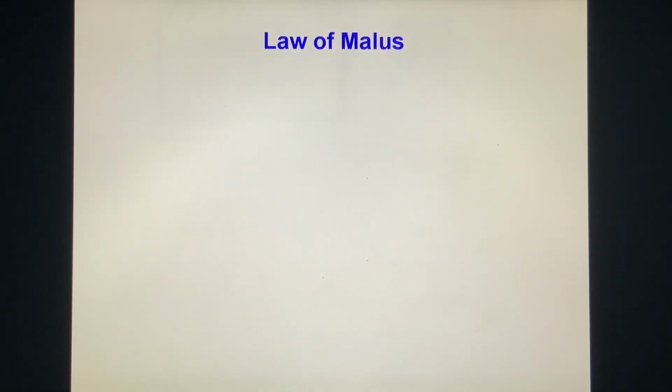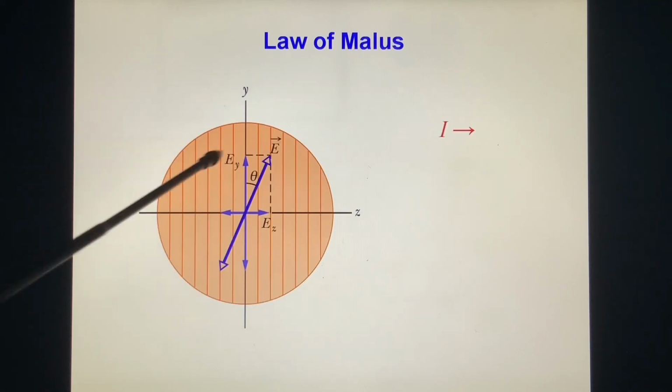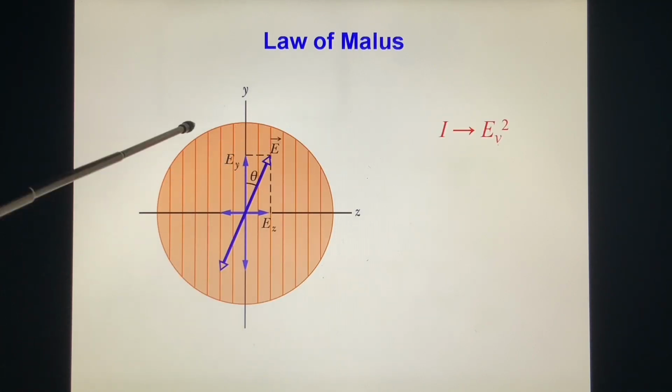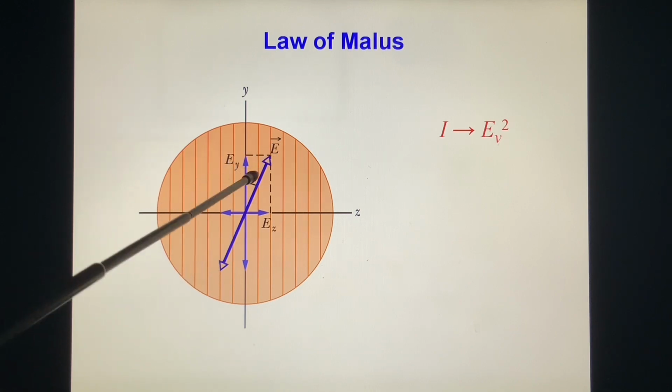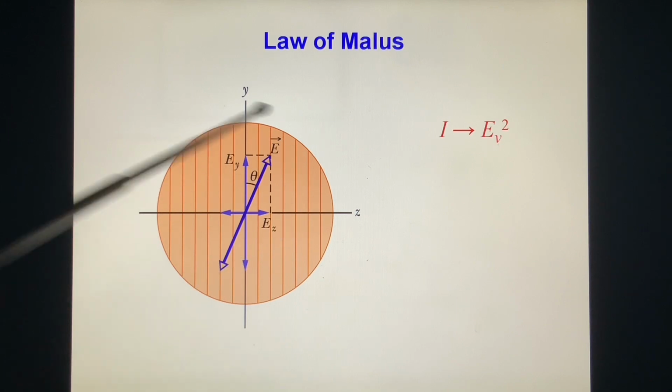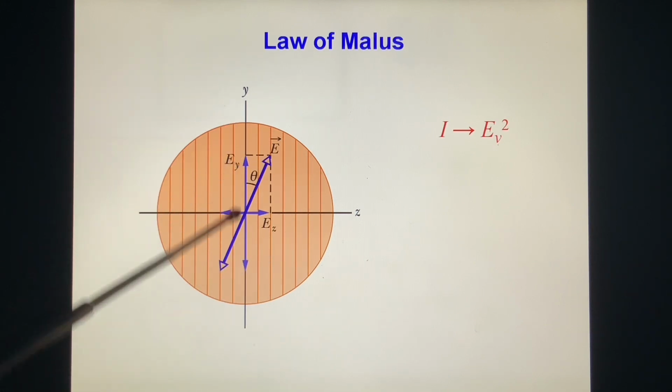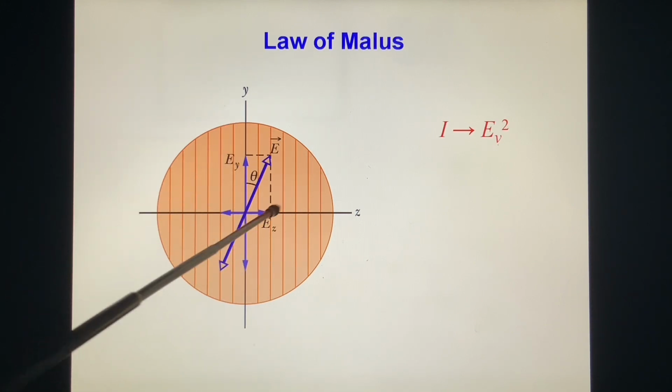Law of Malus. You see, if this is the polarizing sheet, with the direction of its polarizer, and this is the E, when it goes through this polarizing sheet, only this part can pass, and this part is absorbed.